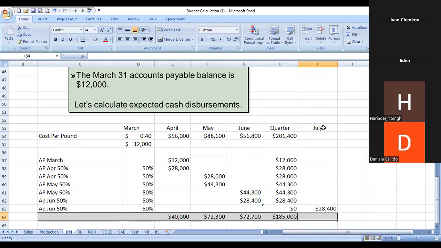So in July, we have to pay the remaining of the purchases that we made in June, which is 50% of the total purchases. So our accounts payable at the end of June, sorry, will be equal to 28,400. I'm going to highlight it and put this number because we're going to use it later in our budget.